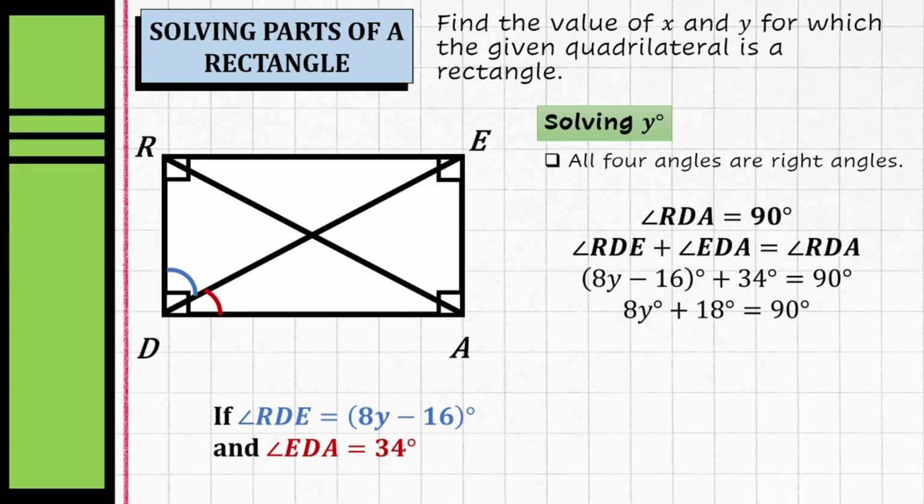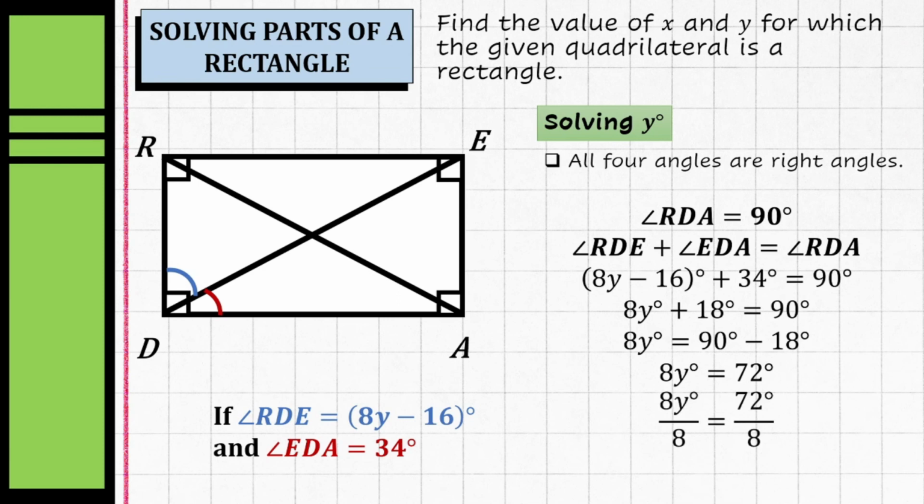Then we transfer positive 18 to the other side, applying the subtraction property of equality. So we will have 8y is equal to 90 minus 18. Then let's combine like terms. We will have 8y is equal to 72 degrees. Then let's divide both sides by 8. Our value for y will be equal to 9.